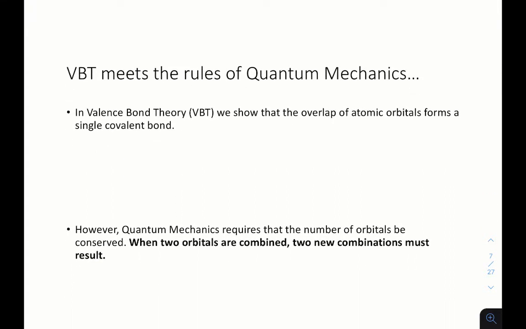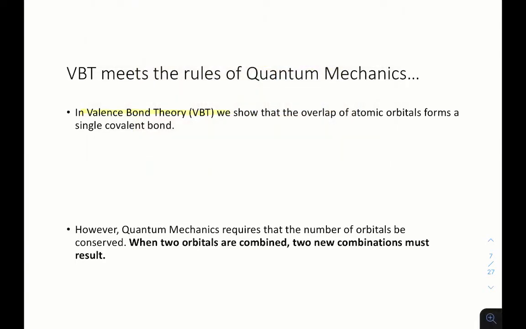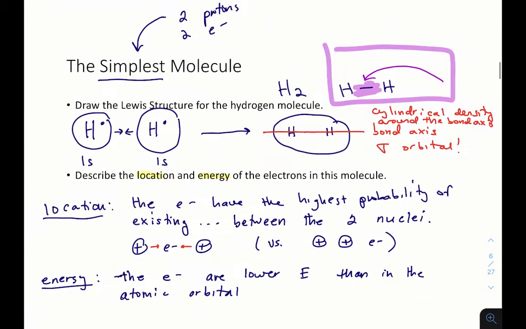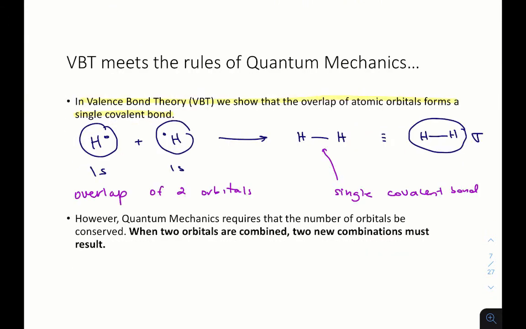Valence bond theory meets the rules of quantum mechanics. In valence bond theory, we showed that the overlap of two atomic orbitals forms a single covalent bond. We did that right here. However, the rules of quantum mechanics require that the number of orbitals must be conserved.